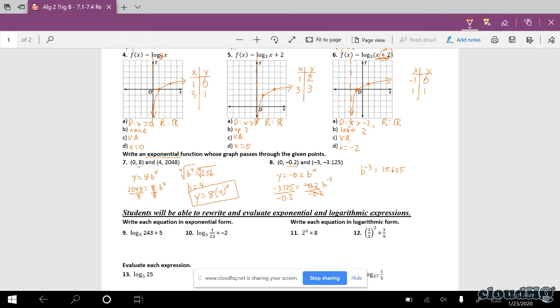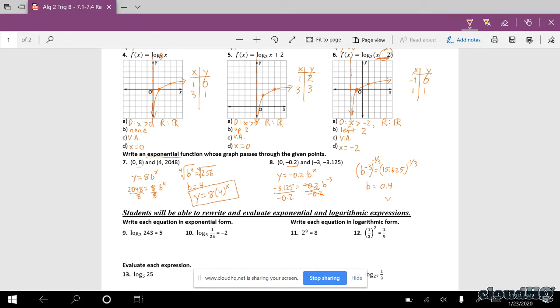I'm not necessarily going to do a cube root. I can do it to the power of the reciprocal, -1/3. That way -3 times -1/3 becomes just a 1, so b. So over here I have to do 15.625 to the -1/3. You can do that on the calculator. You get 0.4.